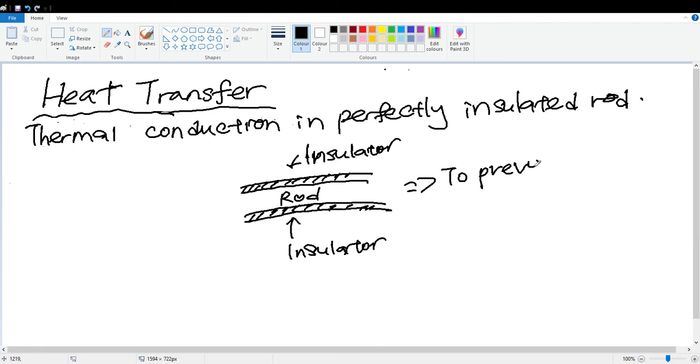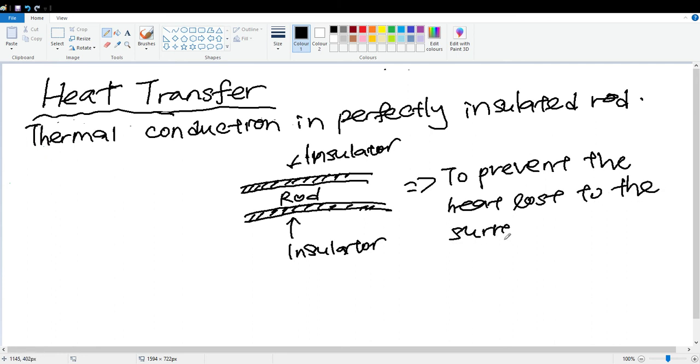The purpose of wrapping the rod with the insulator is to prevent the heat lost to the surroundings. So this is why we wrap the rod with insulator.